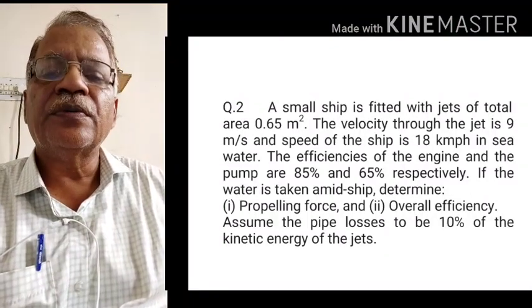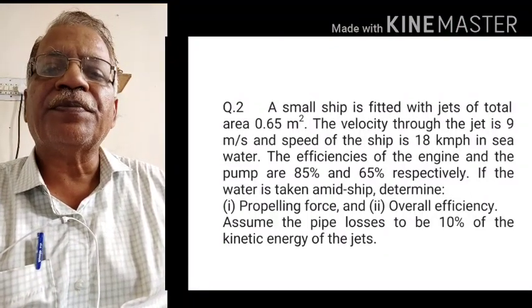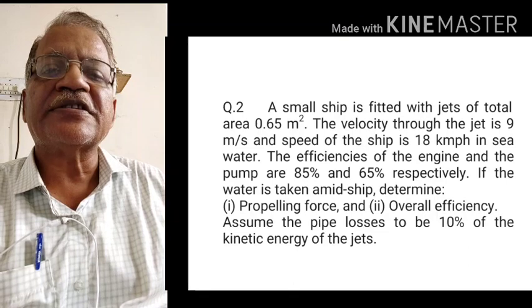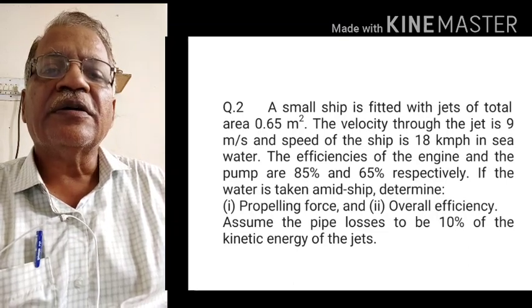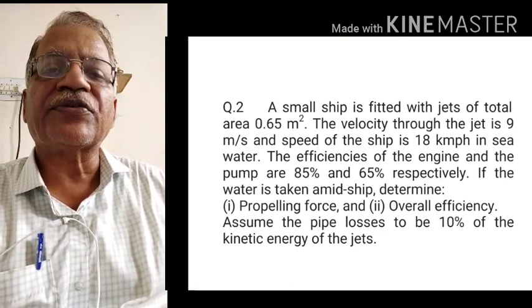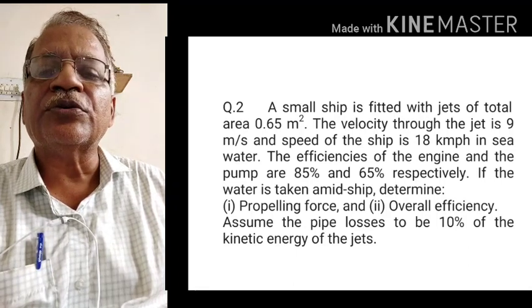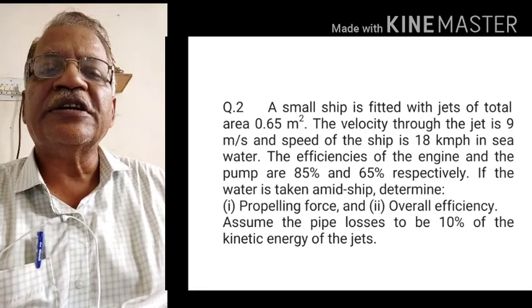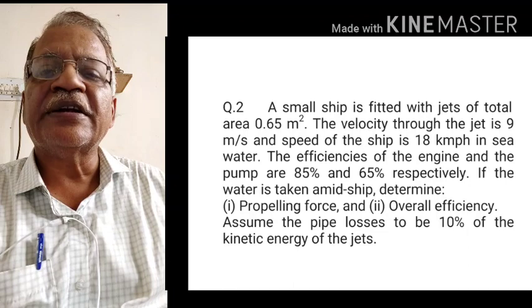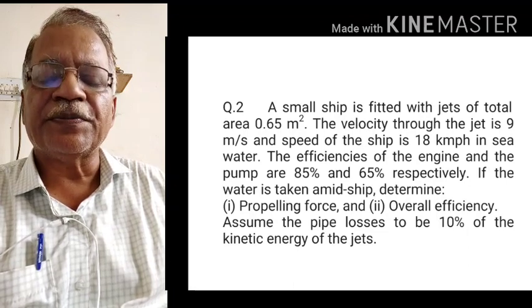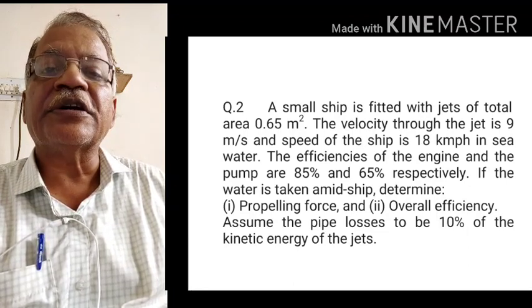Question number 2. A small ship is fitted with jets of total area 0.65 meter square. The velocity through the jet is 9 meter per second and the speed of the ship is 18 kilometer per hour in sea water.